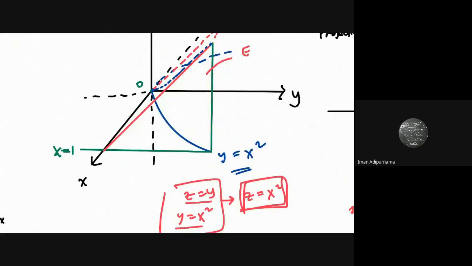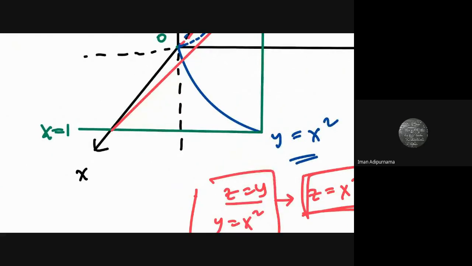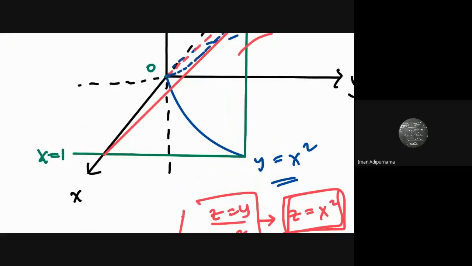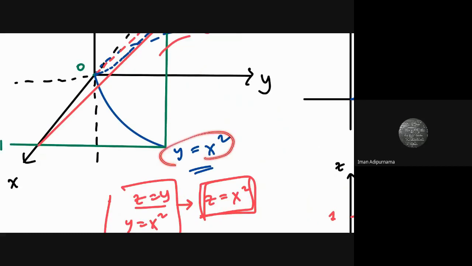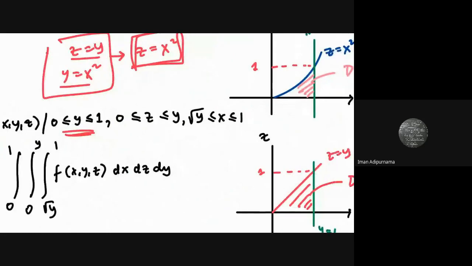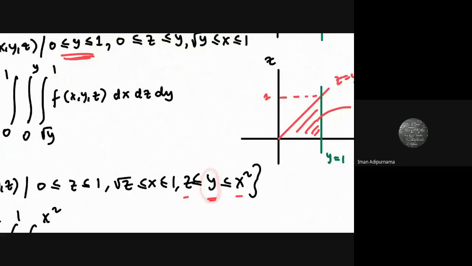Even though it's not really clear from the drawing, you will see this is the very first part, z equal y. And then imagine it going through here, and the next equation is this part, y equal x squared. That's why you are choosing the dy here, from z to x squared.